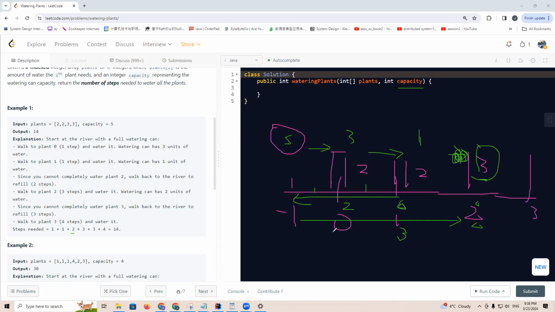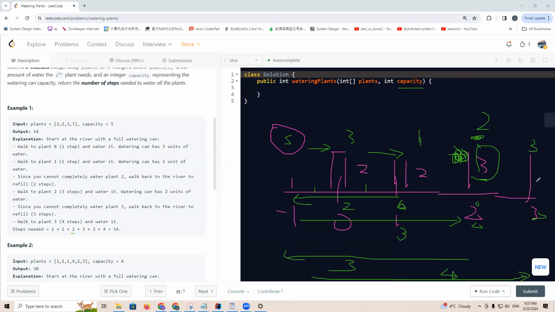So now he has 5 water on hand, and 5 minus 3 is 2, right? The next one is 3 again. He's not able to water it, he says for the next one I don't have enough water. What he does is go back 3 steps, and then go 4 steps.